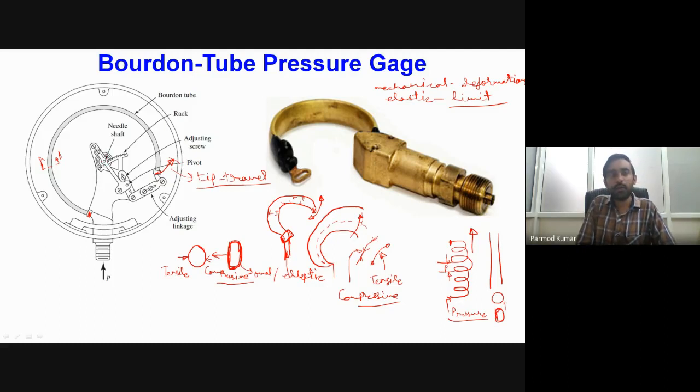Okay, and once our pressure is released, the tube will come back to the original position because of the elastic nature of the deformation. Particularly, when we use a pressure gauge for a longer duration, obviously because of the development of some residual stresses, there will be some lag between our obtained pressure value and the deformation of that loop.